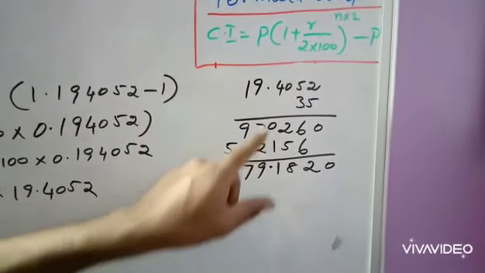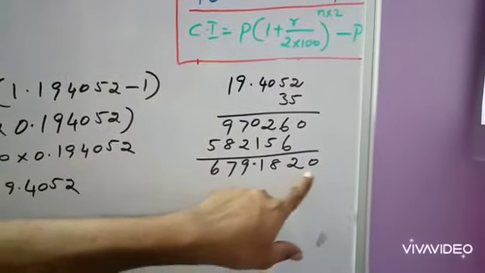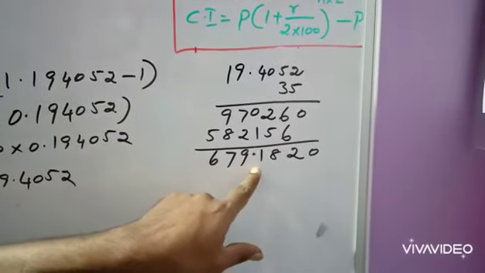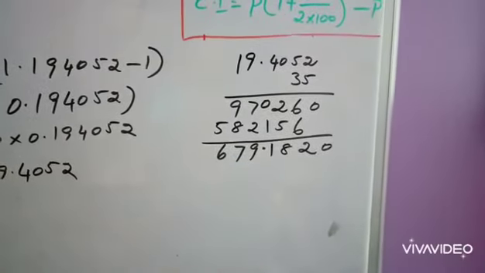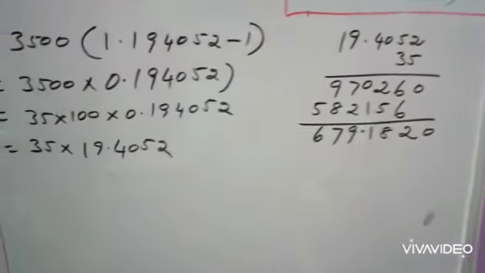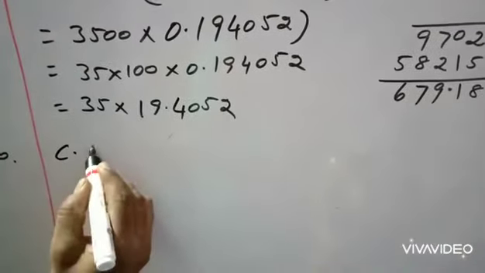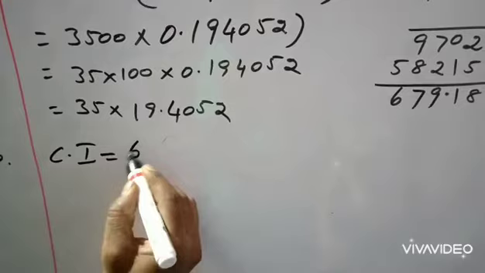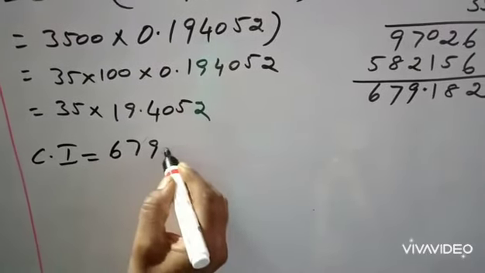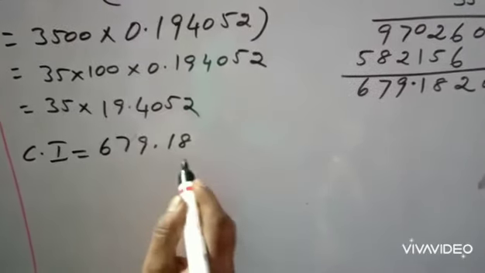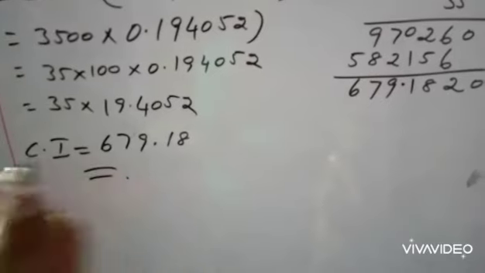So we arrived at it. Finally we have 4 decimal places here, so we are now putting the decimal here. So it's 679.1820. So compound interest equal to 679.18. We can round to 2 decimal places. So this is the answer.